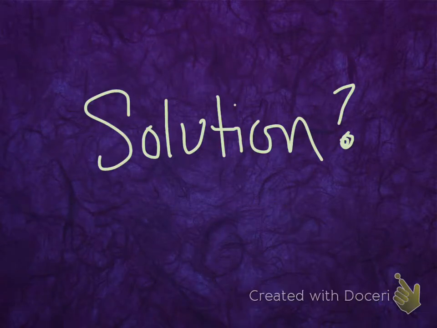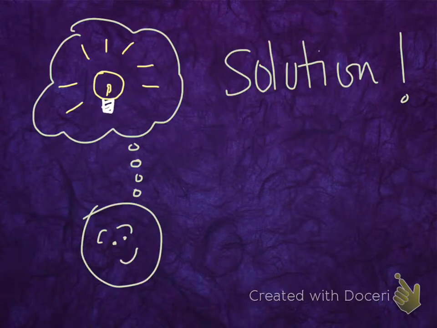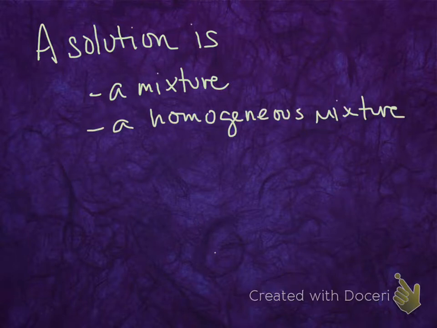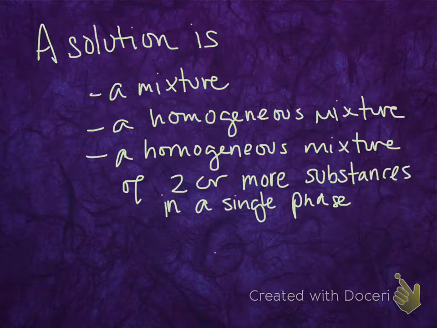So what is a solution? Well, you might think that it's the answer to all your problems. Well, yeah, but not this time. At its simplest, a solution is a mixture. It's a homogeneous mixture. And of course you remember that homogeneous means the same throughout. Well, it's a homogeneous mixture that's got two or more substances that are in a single phase.